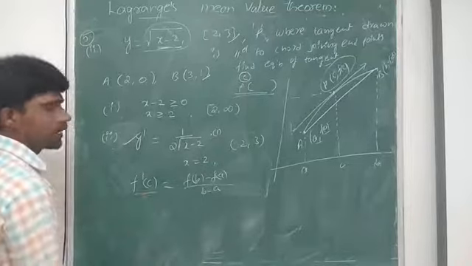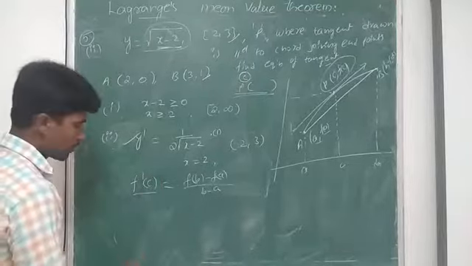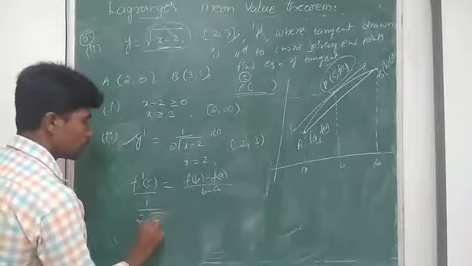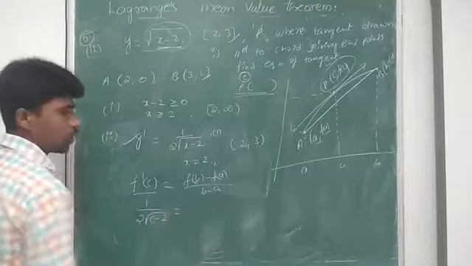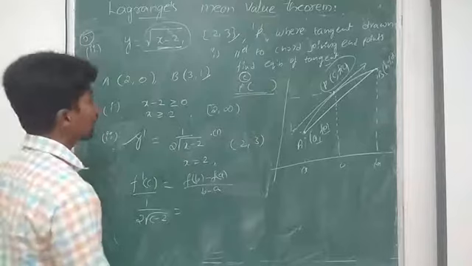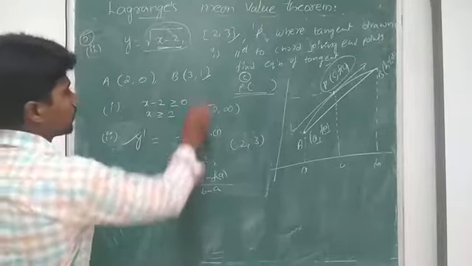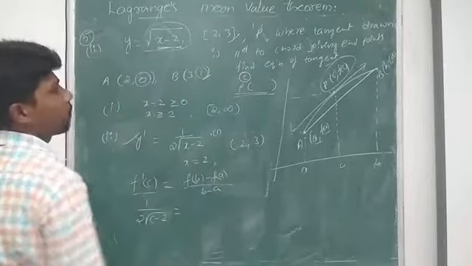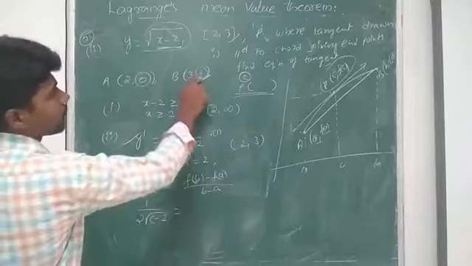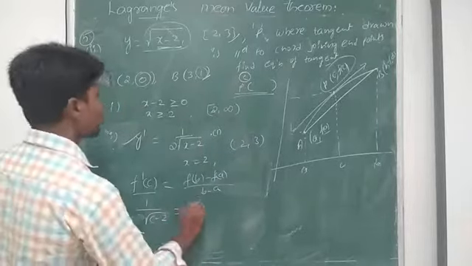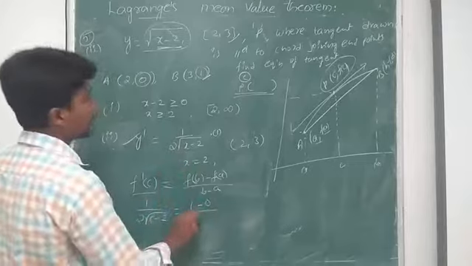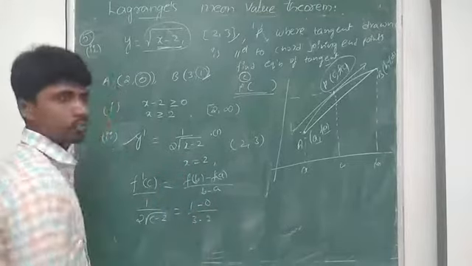What is f dash of c? Substituting, 1 by 2 root of c minus 2 is equal to f of b minus f of a by b minus a. I already found f of b is 1 and f of a is 0, and b value 3 minus 2.